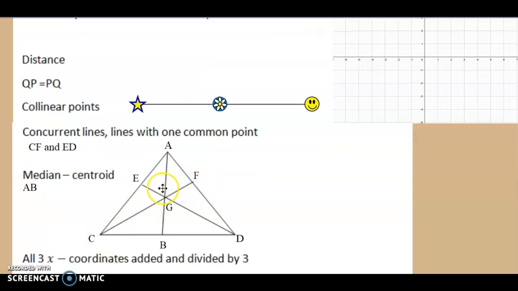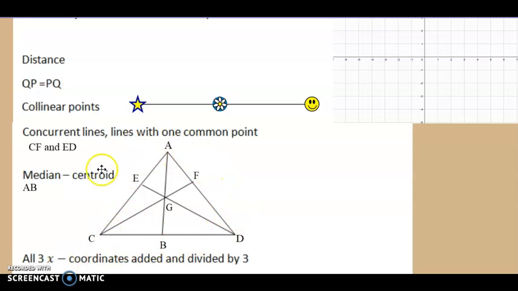Concurrent lines are lines that meet in one common point. So if I speak of ED and CF, they meet in the point G. So those two lines are concurrent.